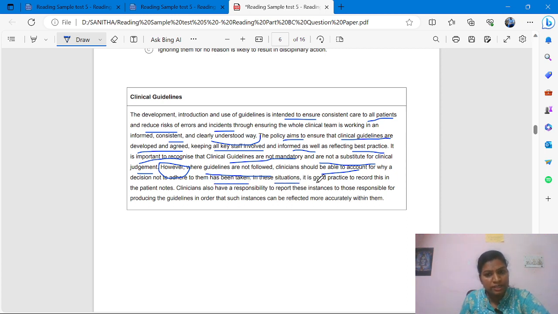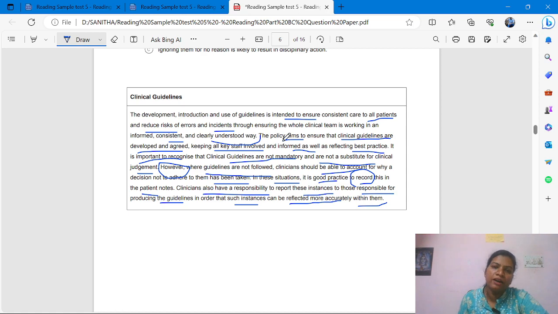In these situations it is good practice to record this in the patient notes. Clinicians also have a responsibility to report these instances to those responsible for producing the guidelines, in order that such instances can be reflected more accurately within them.